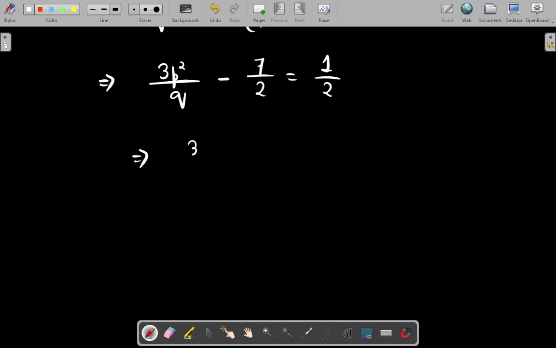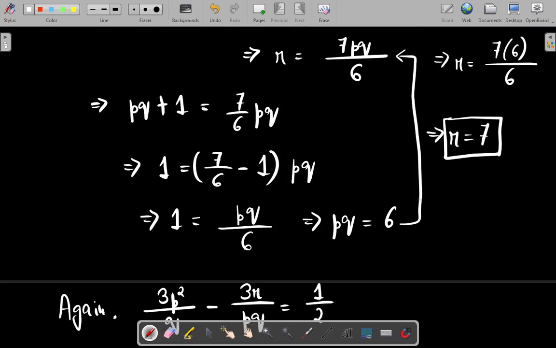So this implies 3p square upon q. If this 7 by 2 goes to the other side and adds with half, this will become 8 upon 2, that is 4, right? So from here, if I solve for q in terms of p, this will give me q equal to 3p square upon 4, right?